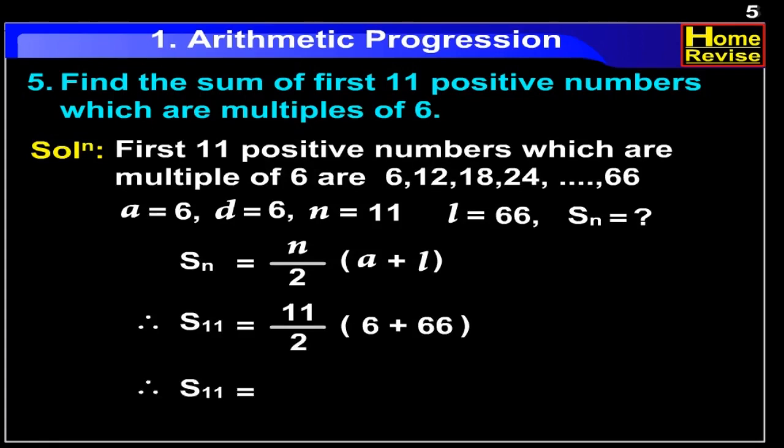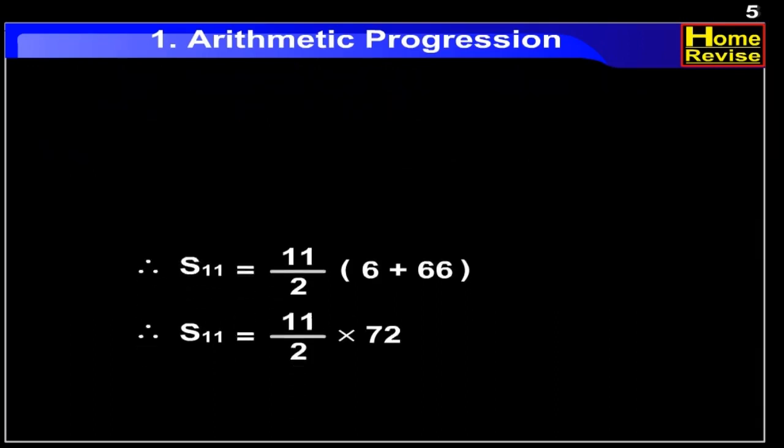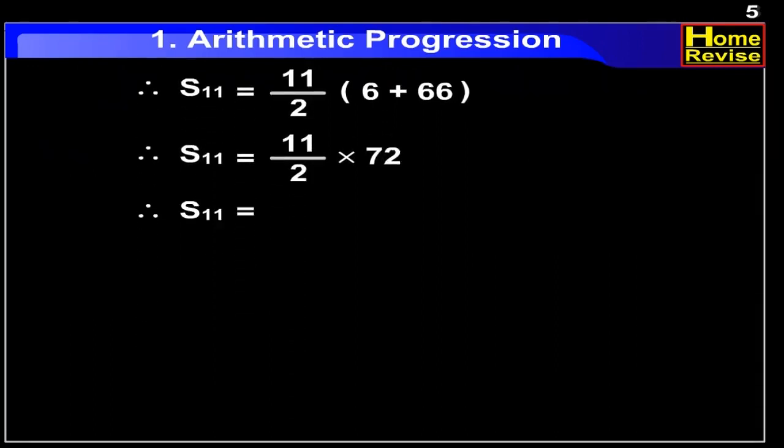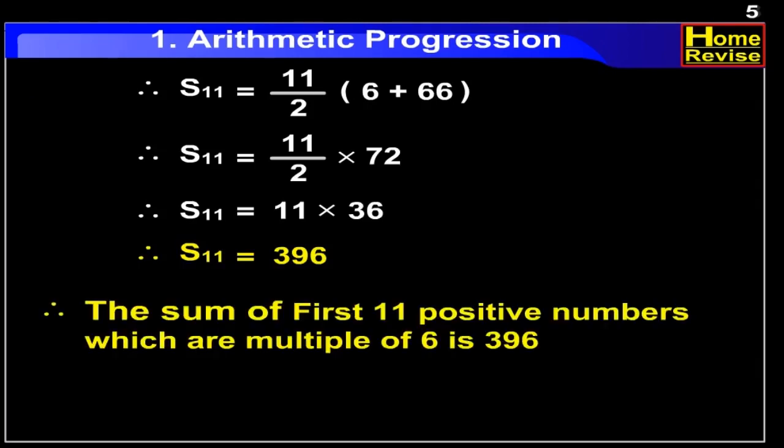Therefore, S11 is equal to 11 upon 2 into 72. Therefore, S11 is equal to 11 into 36, which is equal to 396. Therefore, the sum of first 11 positive numbers which are multiples of 6 is 396.